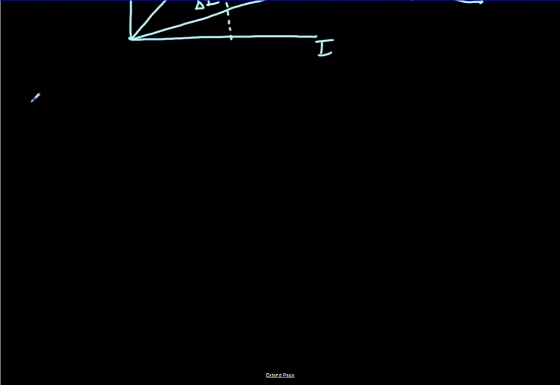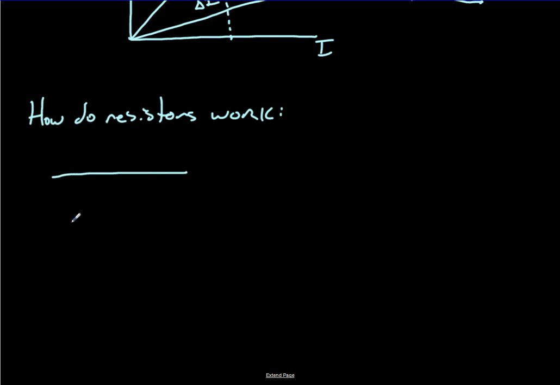How do resistors work? Does anybody know? Right. I think the easiest way to think about it is you can almost consider wires to be like pipes. If you have a nice fat pipe, there is less stuff in the way of your charge traveling.